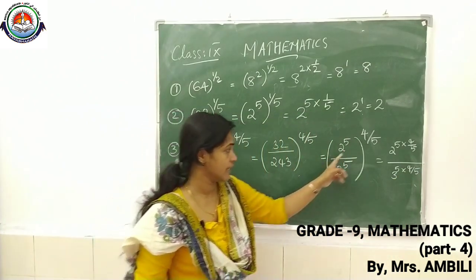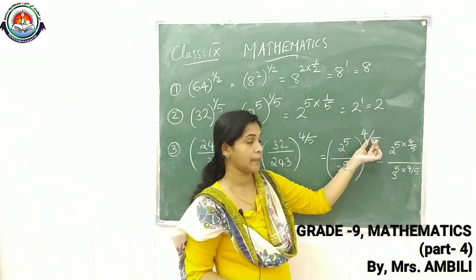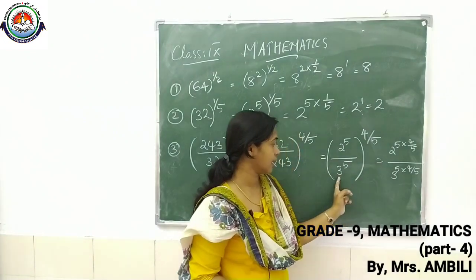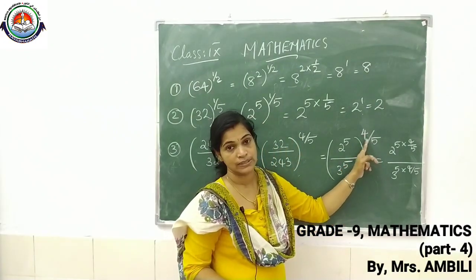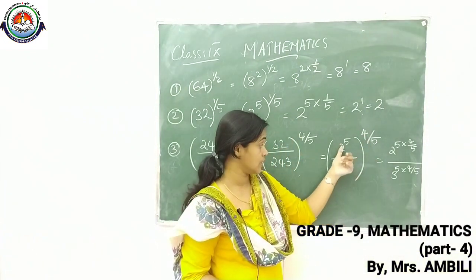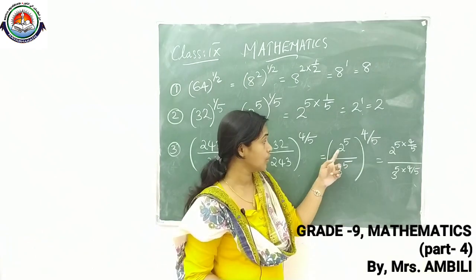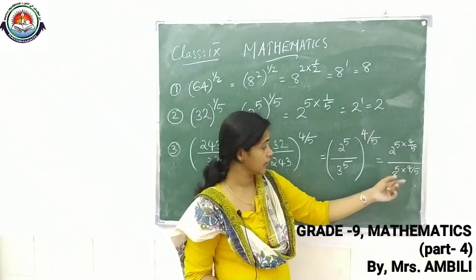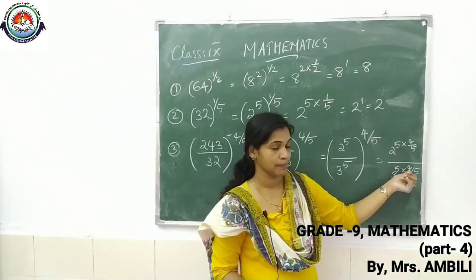Understood? How did we change here? We just separated 2 raised to 5 all raised to 4 by 5 divided by 3 raised to 5 all raised to 4 by 5. This 4 by 5 is common for these two. So 2 raised to 5 into 4 by 5 divided by 3 raised to 5 into 4 by 5.